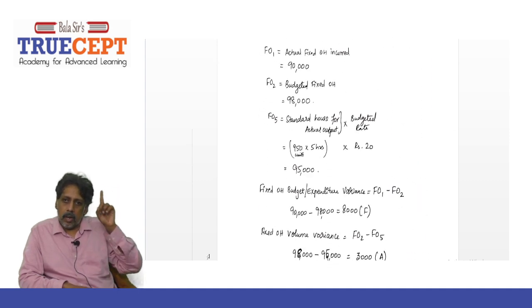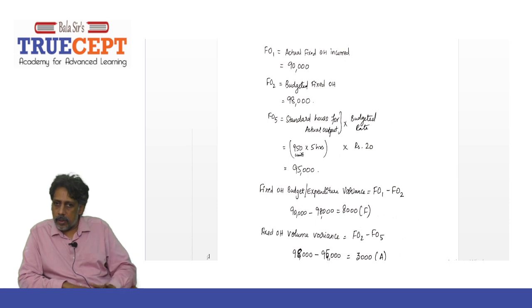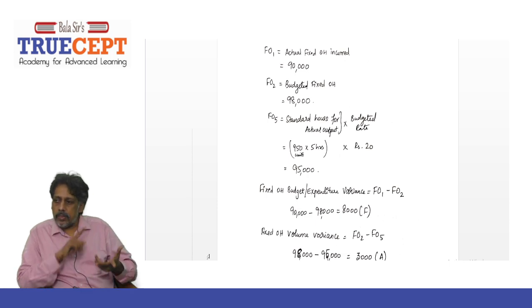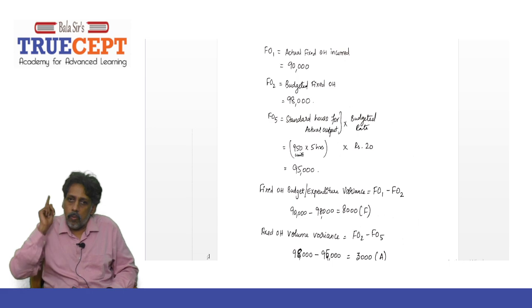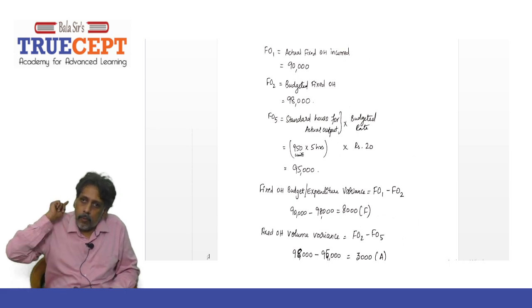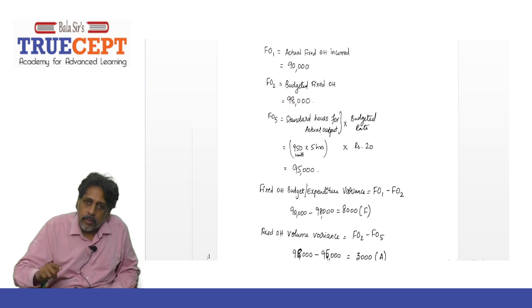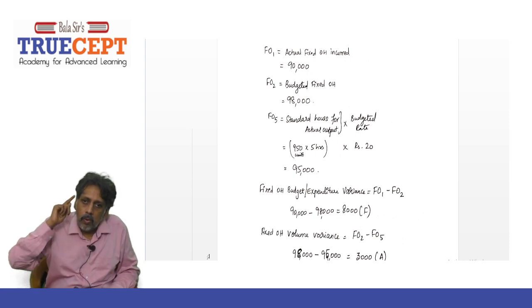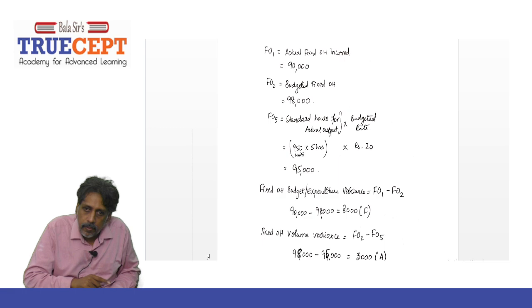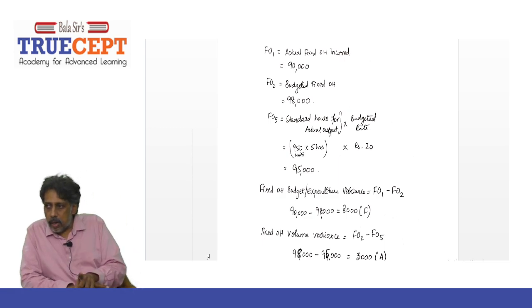And here I conclude these overheads are fixed overheads because the question says to calculate the overhead budget variance and overhead volume variance. We find the volume variance only when overheads are fixed and not when they are variable. Is that fine? Yes, sir. So that is a clue.